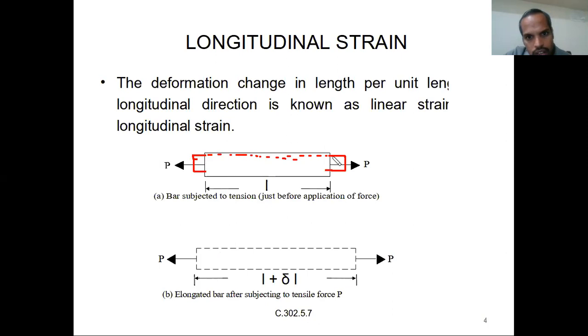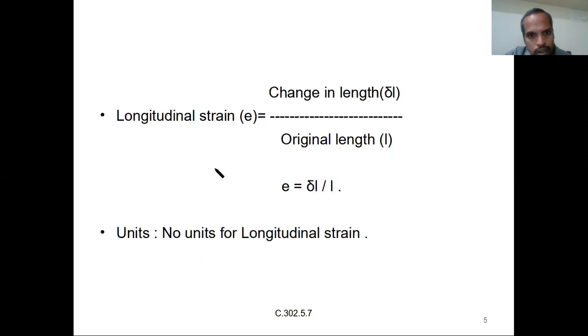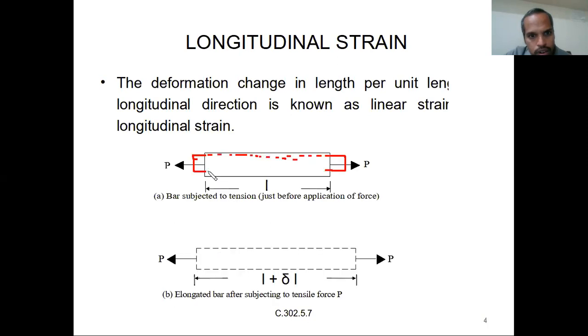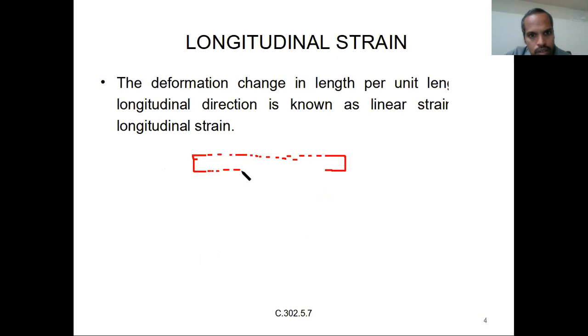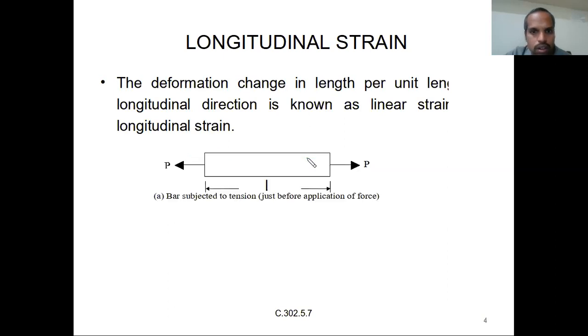So in the tensile case, the length is increasing, but what is happening to this dimension? This is a straight line. The length is increasing, but at the same time the other dimension, the lateral dimension, is decreasing. It is increasing along the length, and along the width or depth, perpendicular to the length of the member, the dimension is decreasing.